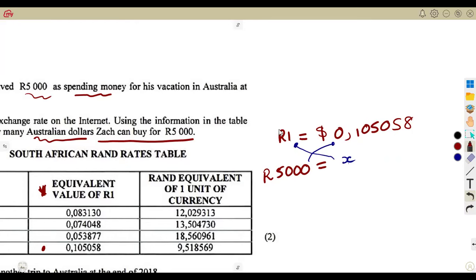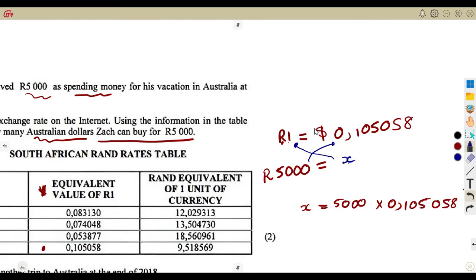X times 1. Don't focus on the R that is there. Just multiply to say X times 1. So it's going to be X, which is equal to 5,000 multiplied by this value. You can do the cross multiplication concept. So it will be 5,000 times 0,105058.